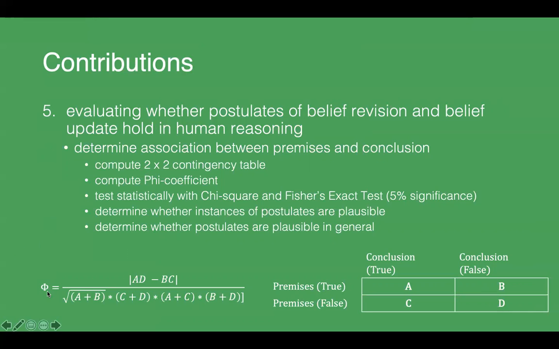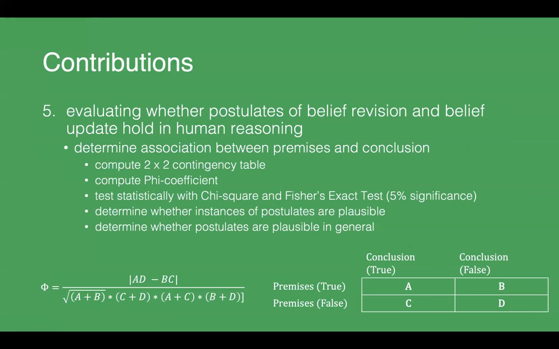We give the formula for the phi coefficient on the bottom left of the screen, and it involves using the values in the contingency table, which we show on the right. The next 3 steps are as follows. We test this coefficient measure statistically using chi-square and Fisher's exact test, and we set the significance level at 5%, as is usual in experimental psychology.